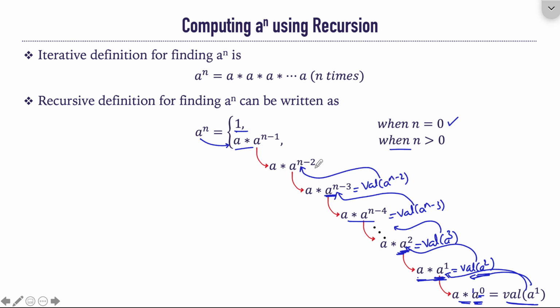So you substitute this value here to get the value of a power n minus 1. This in turn is the value of this guy, where a power n minus 1 is equal to this value. So when you substitute this value, it will give the value of a power n, right? So we have found the value of a power n in this method also, not just multiplying a n times, but here we have found the value of a power n in a different way.